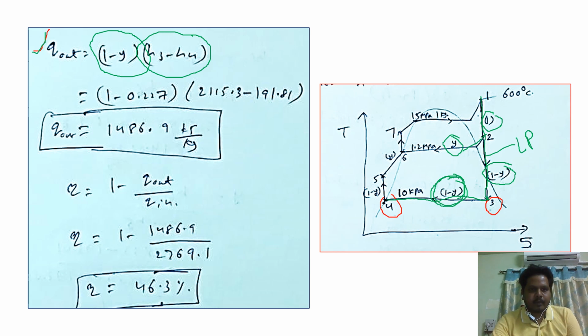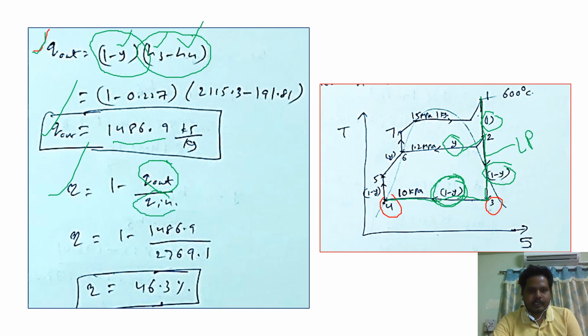The 1 minus y value we already calculated, and the H3 and H4 values we already calculated. So Q out equals 1486.9 kilojoule per kg.